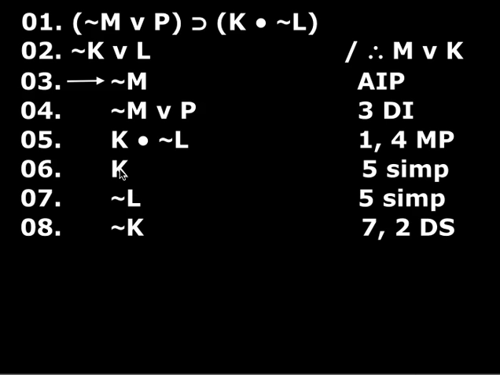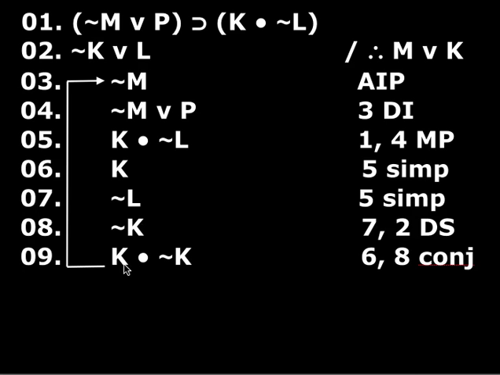And look, I managed to get materials for a contradiction right here. I've got k and not k. So I can put those two statements together. I've got a statement and the negation of that same statement. So this is an explicit contradiction, and I can close my subproof off. And now I have to write the negation of my AIP.